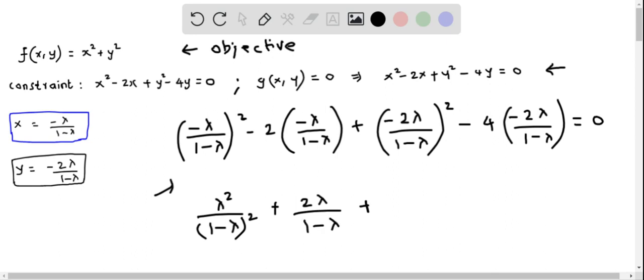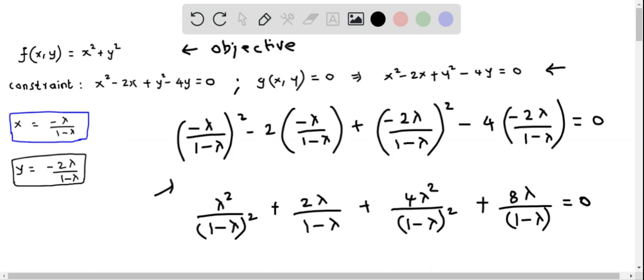The next becomes a positive quantity when you square it: negative 2 lambda squared gives 4 lambda squared, divided by (1 minus lambda) squared. And here once again we have minus, and the product of two negatives is positive, so I put plus 4 times 2, which is 8, times lambda. So it is 8 lambda divided by 1 minus lambda.